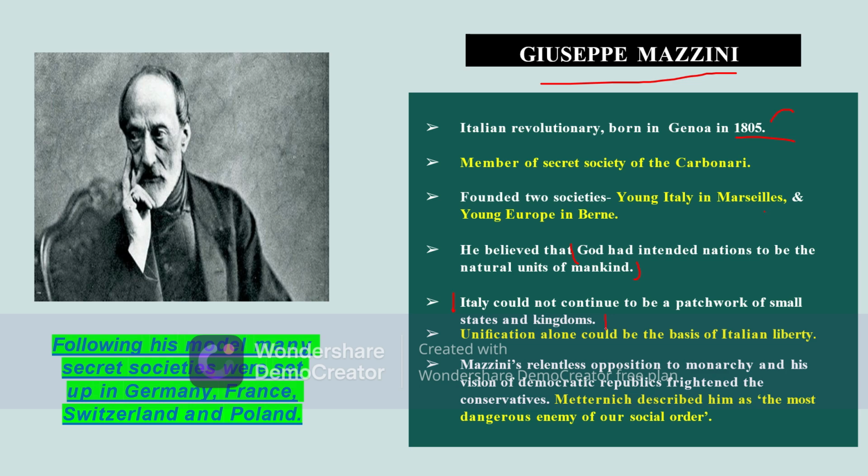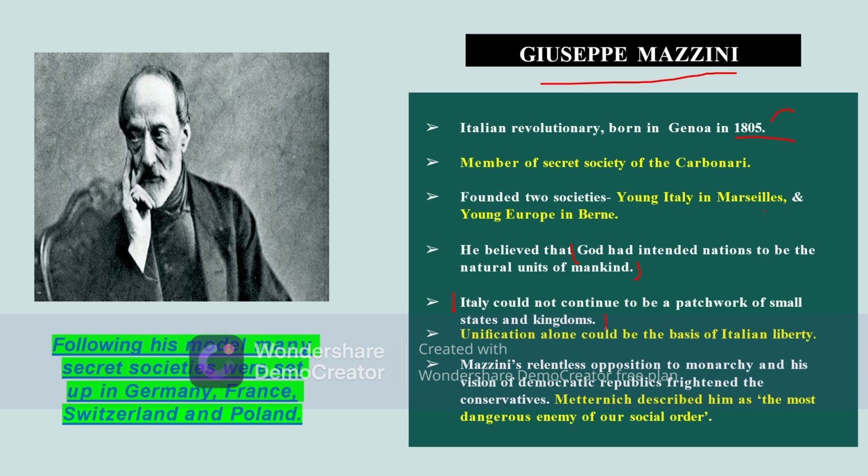Mazzini was the first person to bring up a spark among the Italians that Italy requires unification. And among the three leaders of Italian unification, Giuseppe Mazzini plays an important role, and he was the first one to bring that spark. Mazzini's relentless opposition to monarchy and his vision of democratic republics frightened the conservatives.